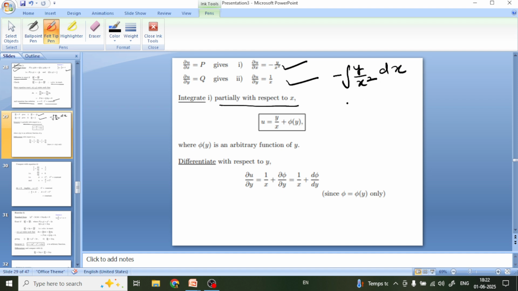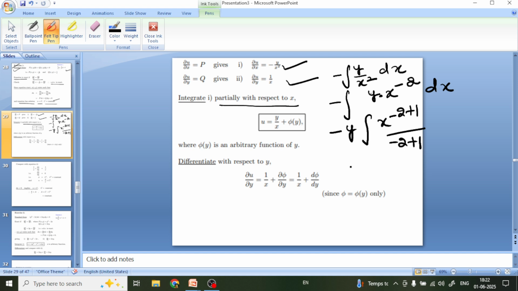We have to find the integration. y should be written as it is, and x will be x raised to power minus 2. Minus y, x raised to power minus 2 means plus 1 here, over minus 2 plus 1, minus y over x raised to power minus 1 over minus 1, minus minus cancel, y over x.